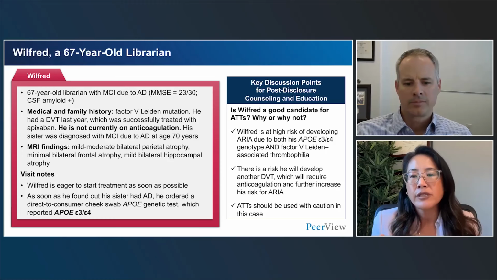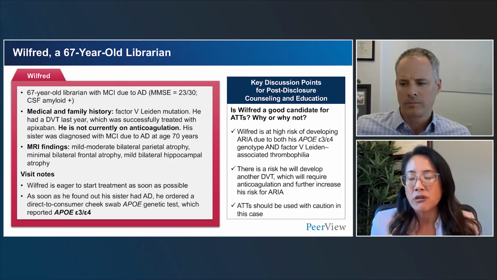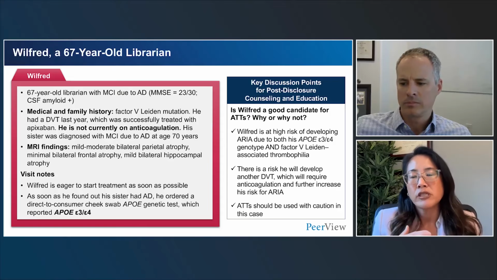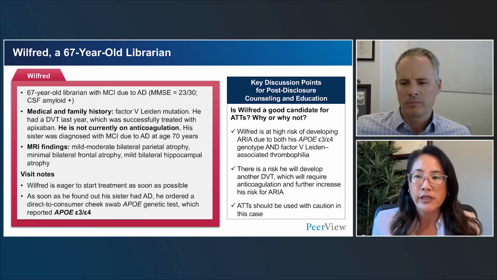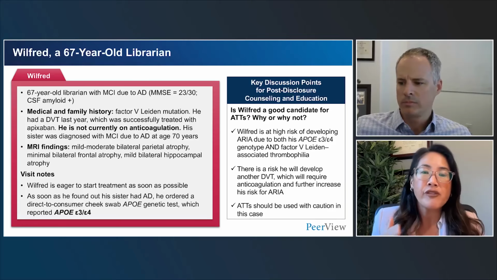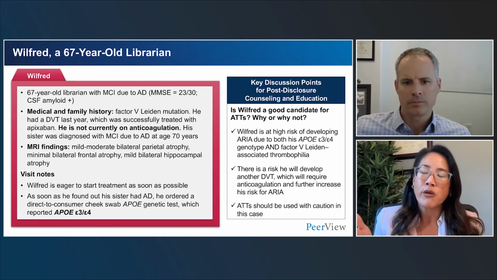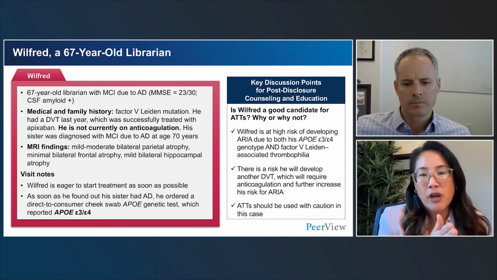And for whatever reason, those who come off of it or stop it, when the risk for having a thrombus continues, we get very concerned, and I would say that we're a little more conservative. We get more concerned about what that risk might be in terms of being on the amyloid-targeting therapy and starting anticoagulation. So if the risk for Wilfred to need to be on an anticoagulant in the future is high, then we might think about not prescribing it.